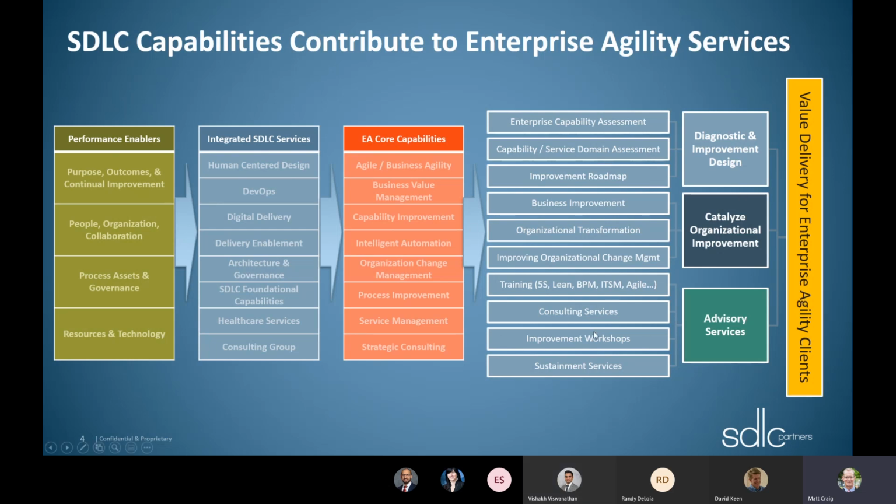What I'm trying to represent here is that obviously the focus for enterprise agility practitioners is to be good at the things we're supposed to be good at, but also to show that most engagements, in fact, pretty much all engagements that we've done, typically integrate or engage with other facets of SDLC. So that's all I'm trying to show here, that we should always be seeking to deliver client-facing solutions that leverage the best of what the whole company has to offer, as opposed to pretending that we're standalone services that don't relate to the other services that we have. That's the intent of this slide.